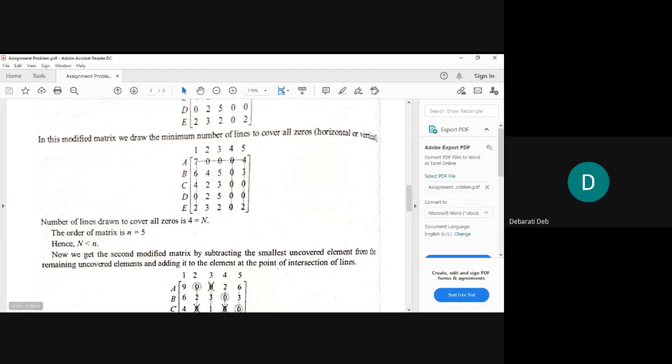There can be many possibilities of covering all the zeros, but you have to draw in such a way that you finish it off with the minimum number of horizontal and vertical lines.